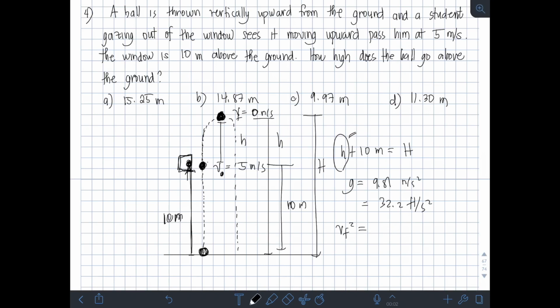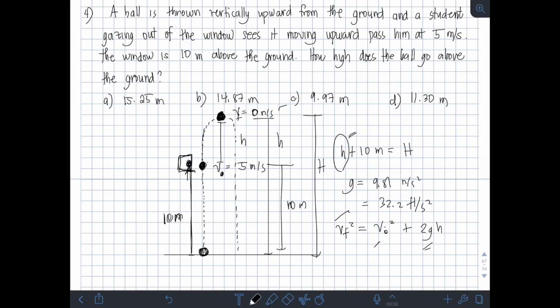Okay? Ngayon, pwede nating makuha yung h using anong equation? Vf squared equals Vi squared, or yung V naught, right? V naught squared plus 2GH. Yung same sa previous example to, right? So, meron tayong final velocity, 0. Initial velocity, 5. And then, meron tayong acceleration. Pero meron tayong sign convention dito.